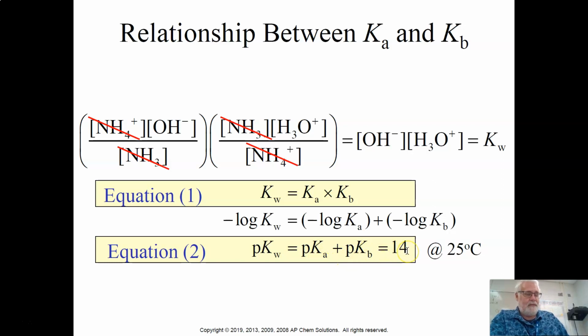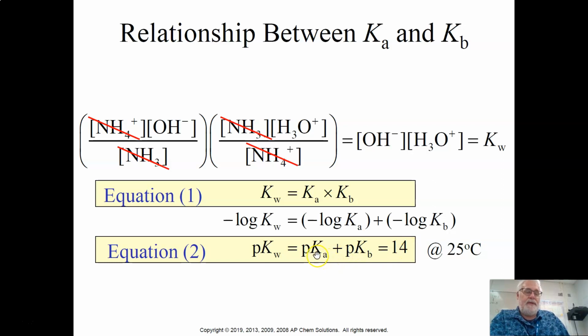That should sound kind of familiar to you when we were doing acids and bases. So now, since we know that Kw equals 1 times 10 to the minus 14th, we can set this on a 14-point scale too.